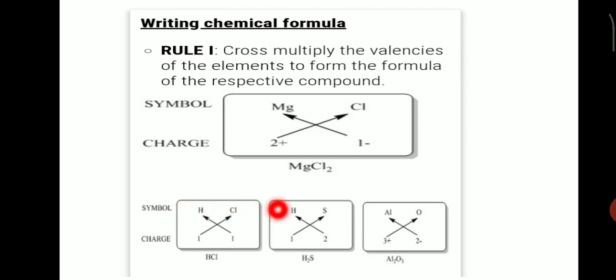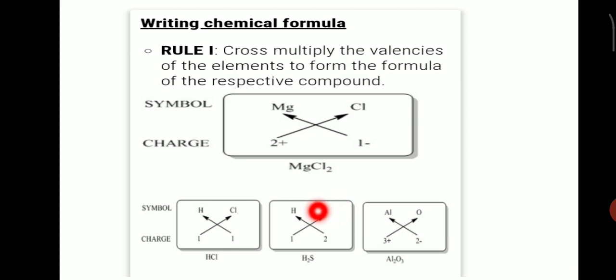Next is hydrogen sulfide. All this we have done in the last class, just for your information. I am repeating it again and again so that if you have any doubt, it will be cleared. So hydrogen and sulfide.